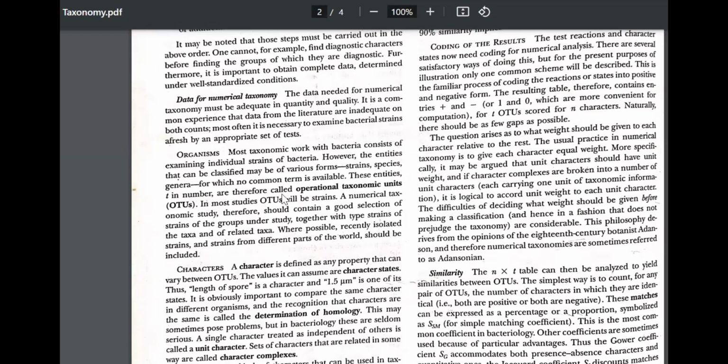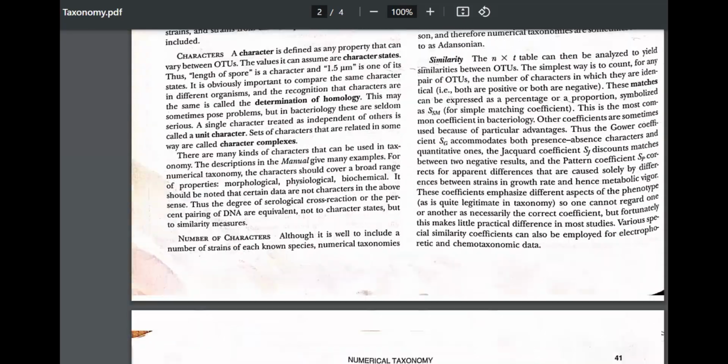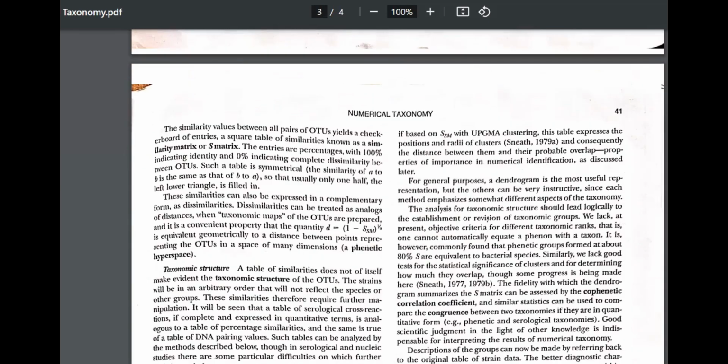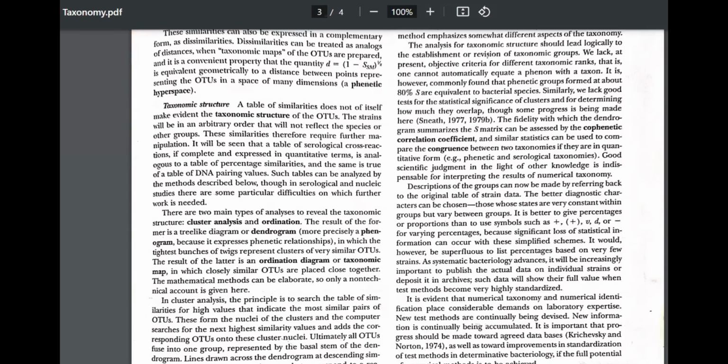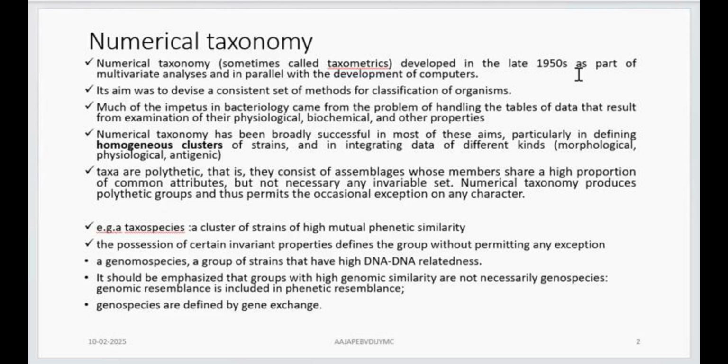What is OTU, the operational taxonomic unit, and how is a character defined? These highlights include certain terminologies we have to learn in today's discussion. Numerical identification is to be done, what are the basic concepts in it, and what are the limitations for the same.